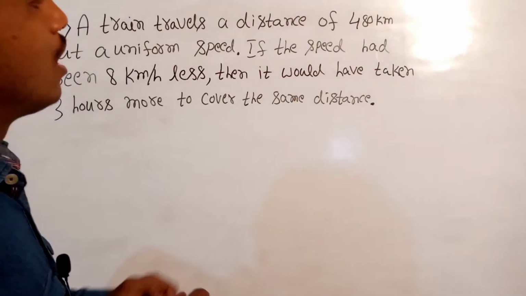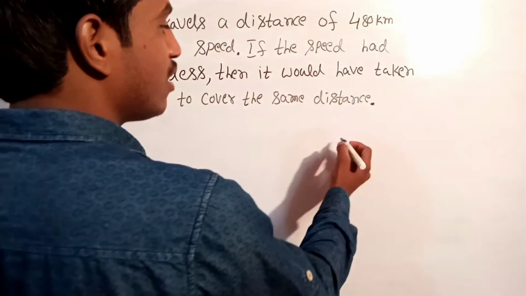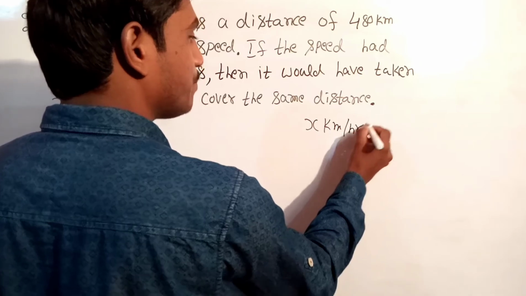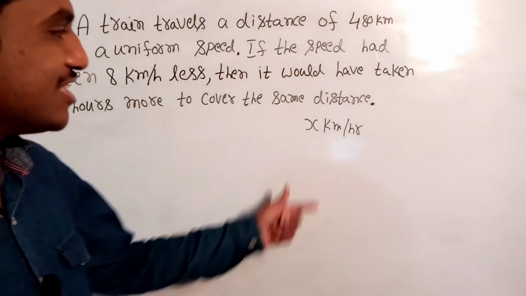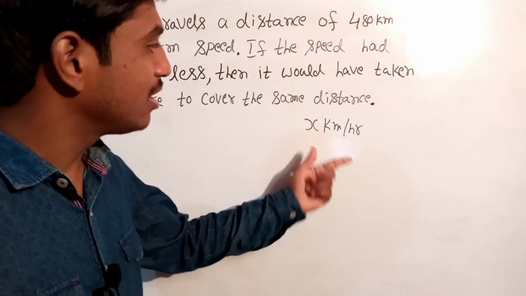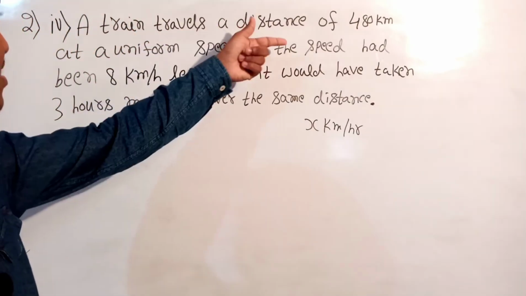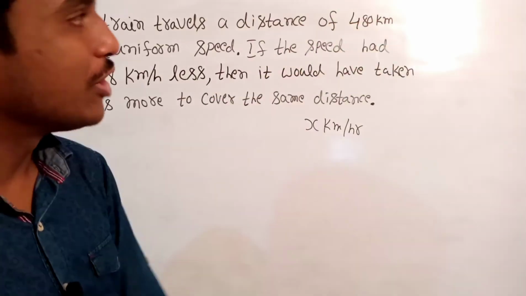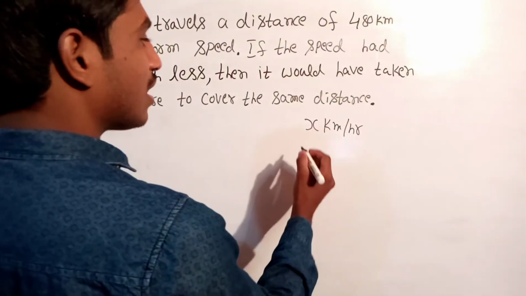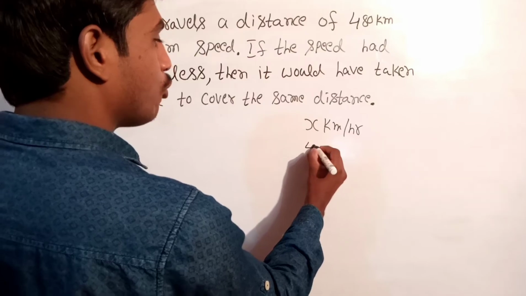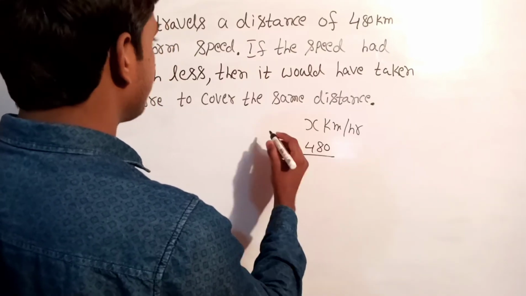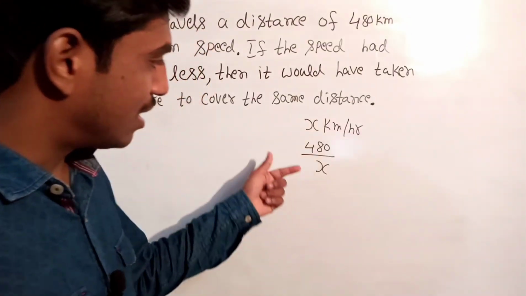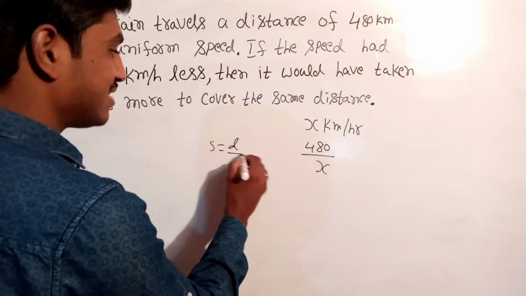Now I will take the speed of the train as x kilometer per hour. So if the speed of the train is x kilometer per hour, the distance they have given is 480 kilometers. If the train has to cover the distance of 480 kilometer, then the time will be 480 divided by x, because speed is equal to distance by time.